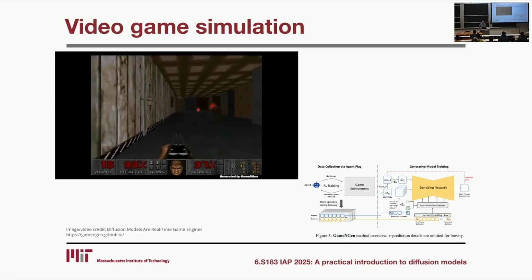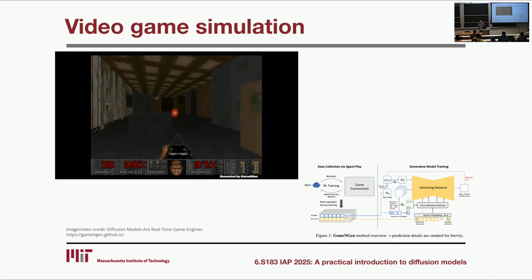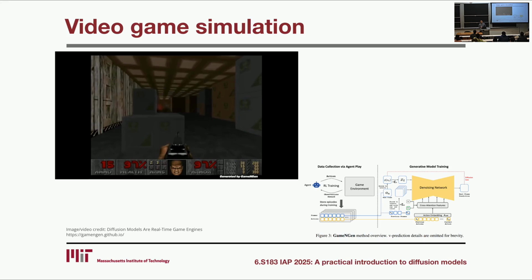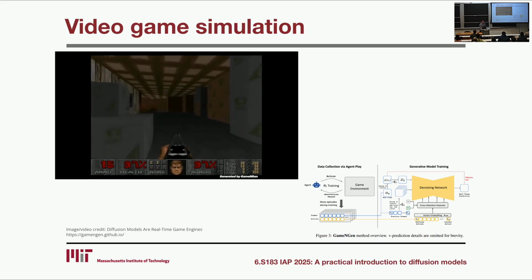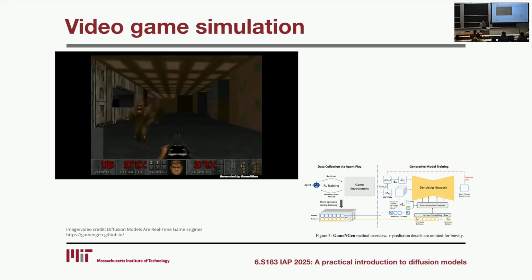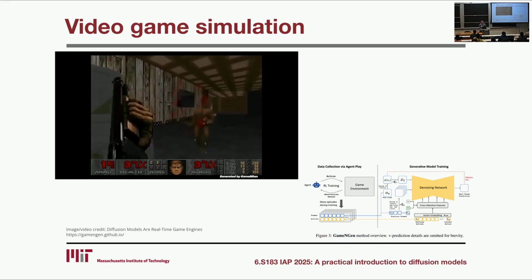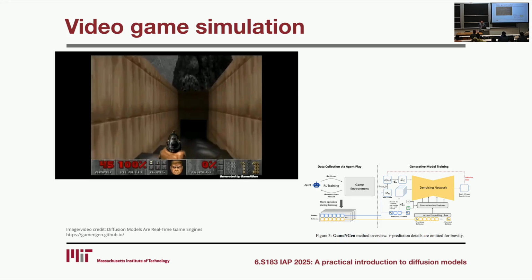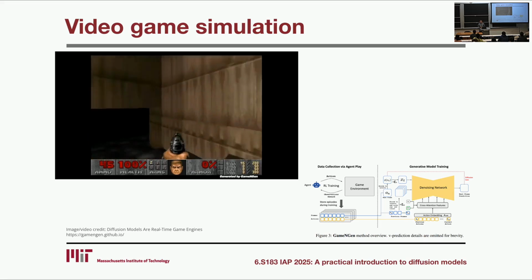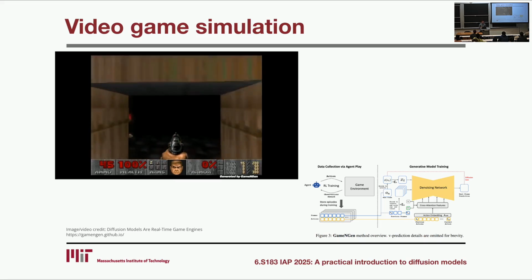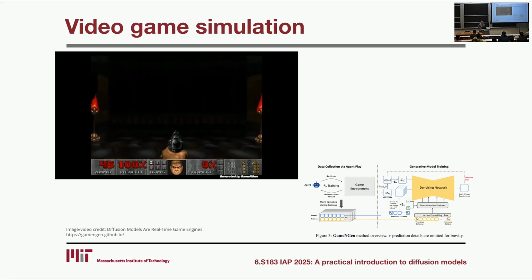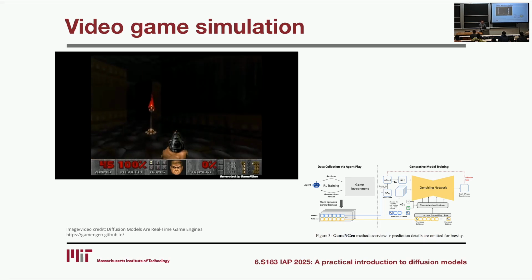For example, this is Doom. So it's actually able to simulate this game to a very high extent. It even keeps track of your ammo and health by just generating images or videos in this case. So it's able to simulate this game with high fidelity.